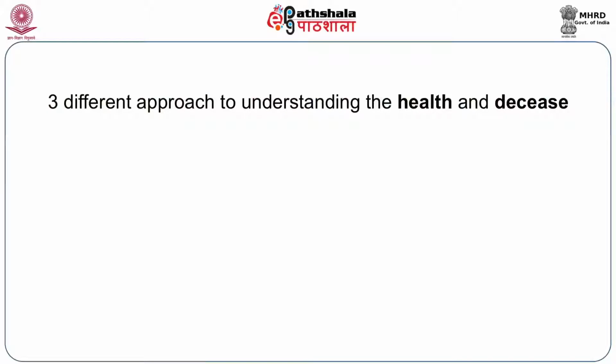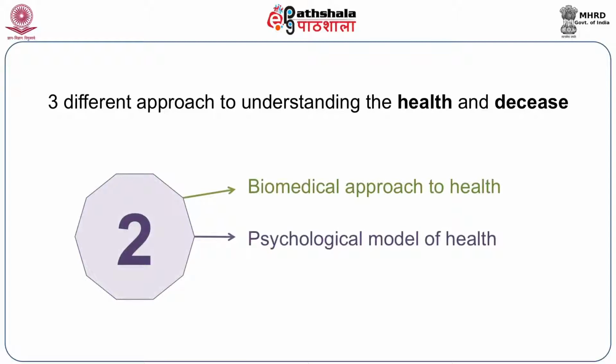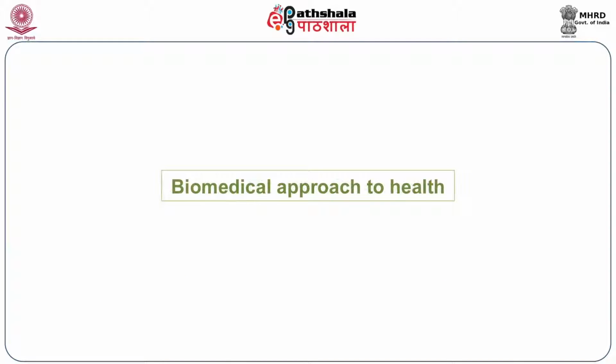So there are three different models or approaches to understanding health and disease. One, it's called the biomedical approach to health. Second, the psychological model of health. Third, the sociological or socio-cultural model of health. How does the biomedical model define health?